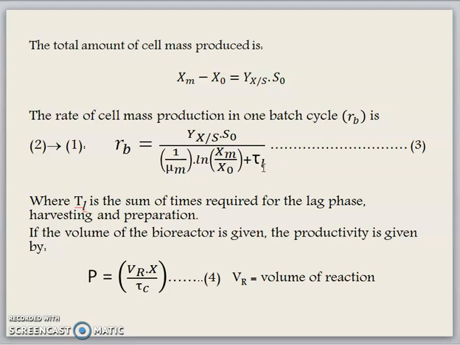If the volume of the bioreactor is given, then the productivity you can determine by using equation 4 here. VR is the volume of the reactor during the reaction. It's not the volume that can be occupied in the reactor, but the volume that is being used during the reaction. It's a working volume.